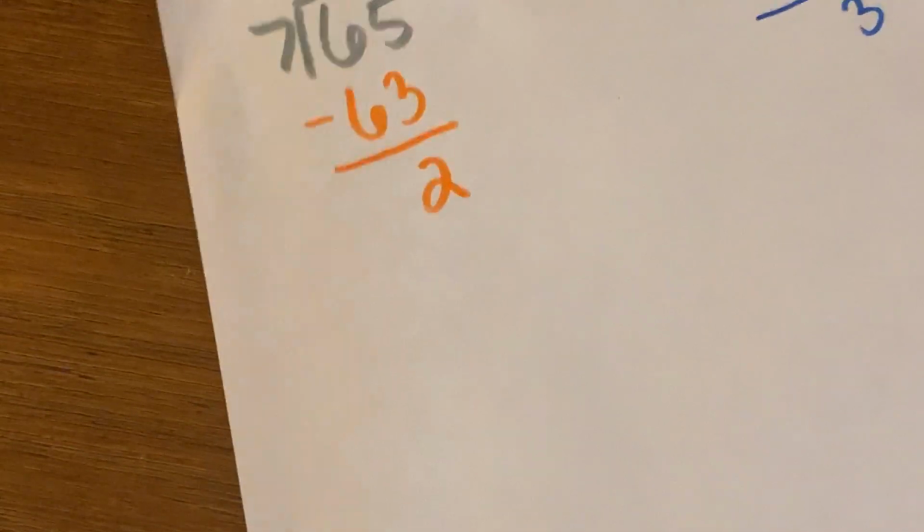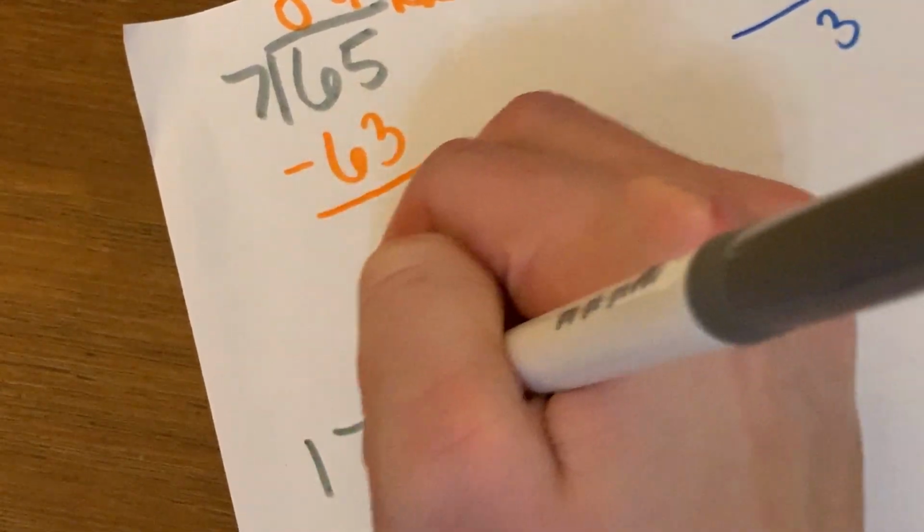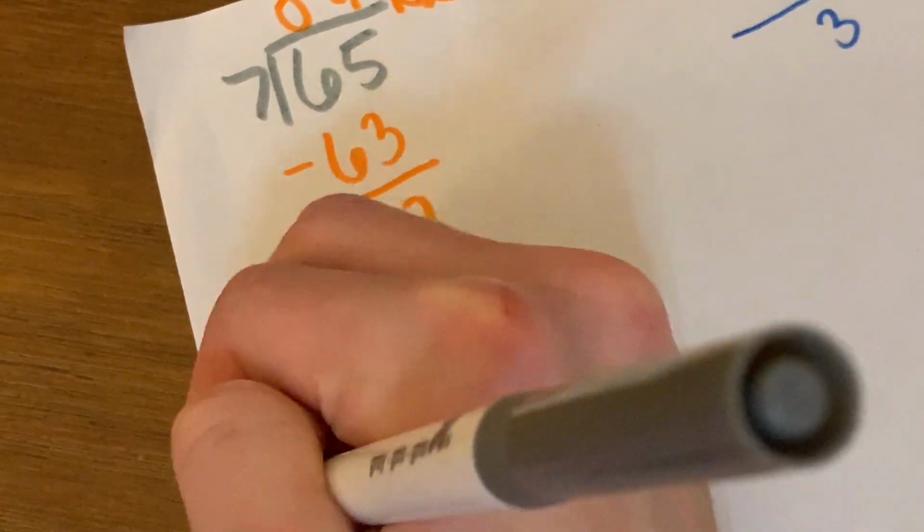All right, let's do one more big one. Let's do 179 divided by 3. Go ahead and try that one. All right.